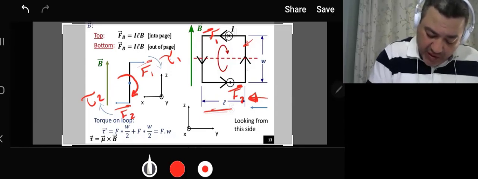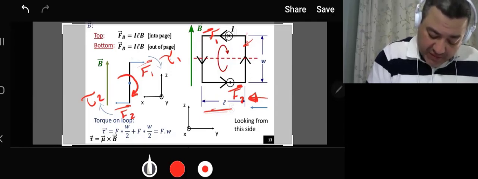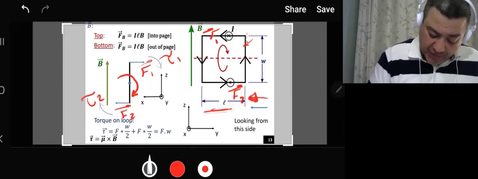The whole height here is W, as you can see. So we have torque 1 as F times W over 2 plus F times W over 2 as well. This is going to result into F times W. So the total torque is F times the total length between those two forces, W.